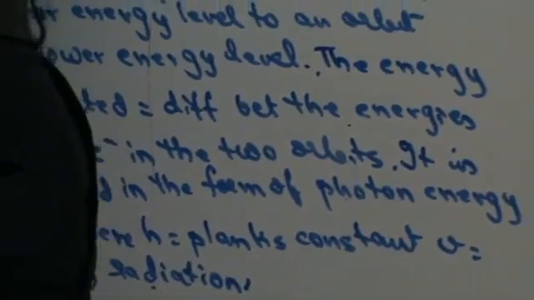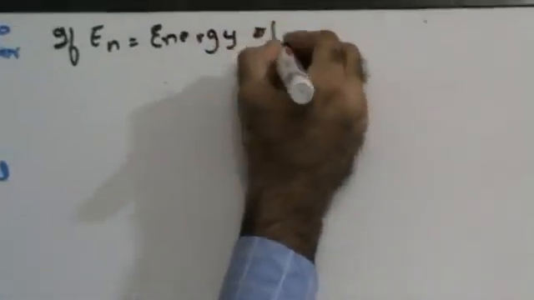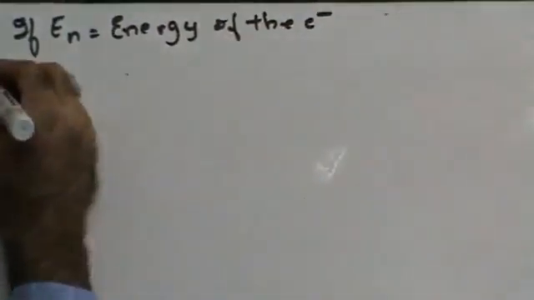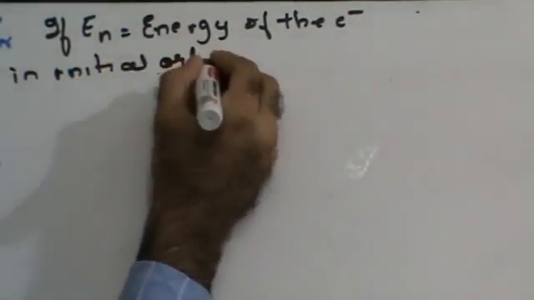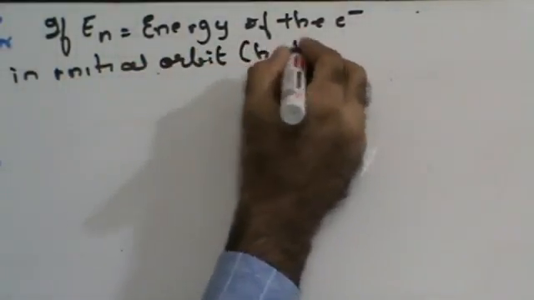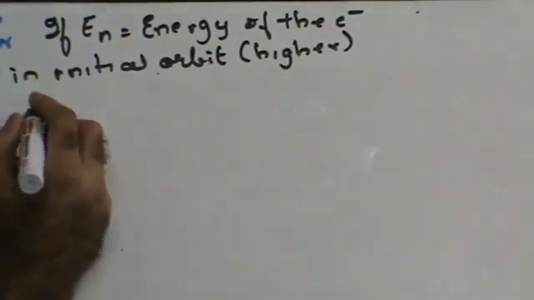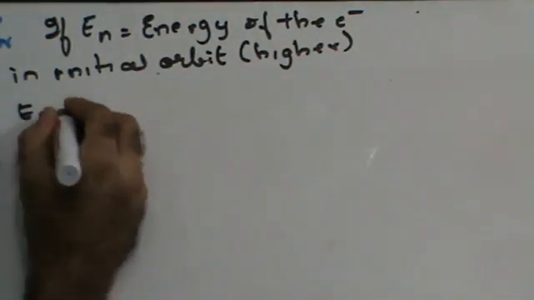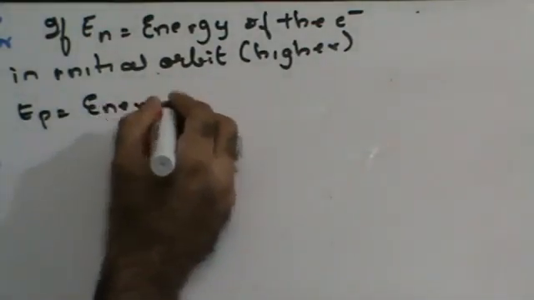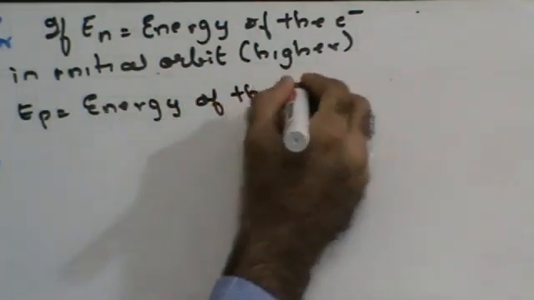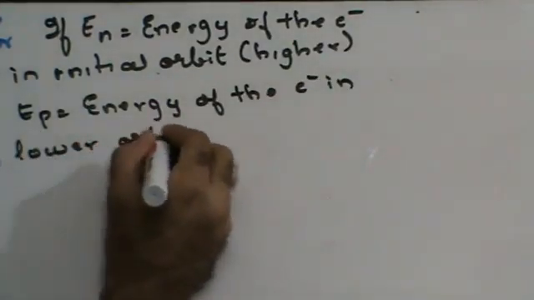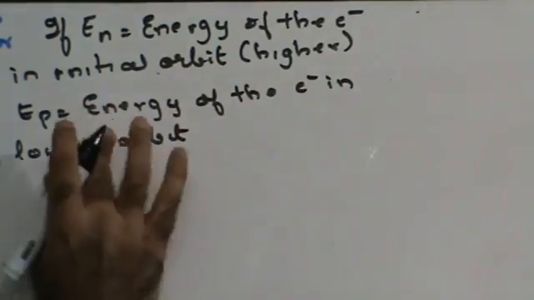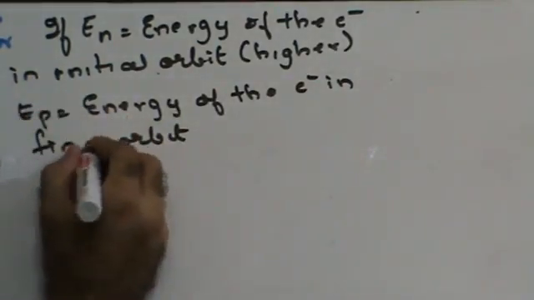If En is the energy of the electron in the initial orbit, which is your higher orbit, and let's assume that Ep is the energy of the electron in the lower orbit or final orbit, which is your lower orbit.